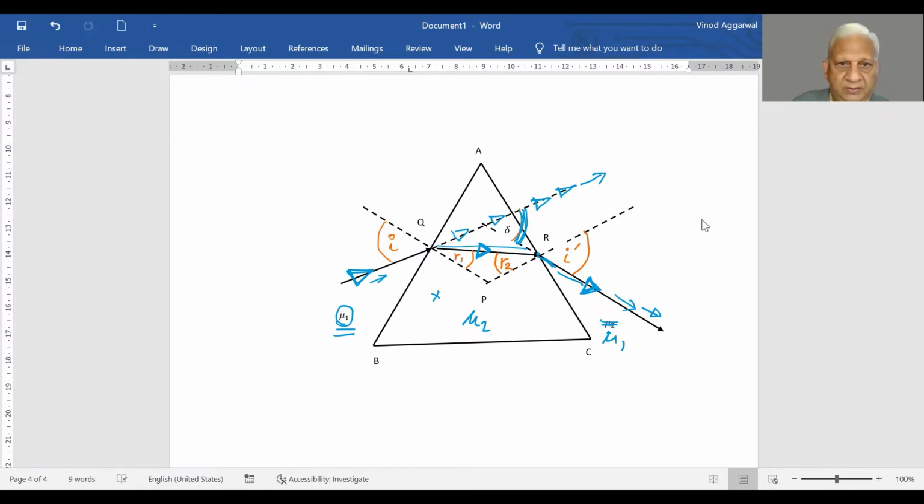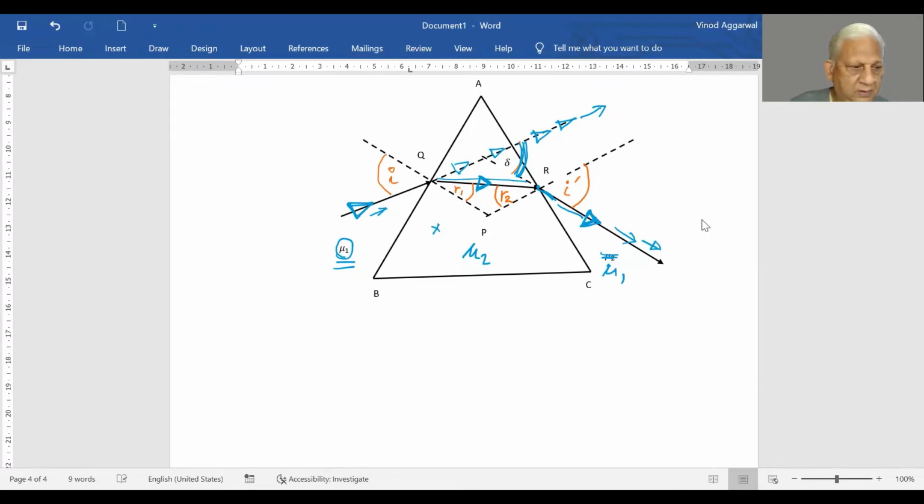All right. Let's do some treatment. We call this angle A. This is angle R1, angle of refraction for this incidence ray. And this is the angle of refraction for this incidence ray which emerges out of the prism.